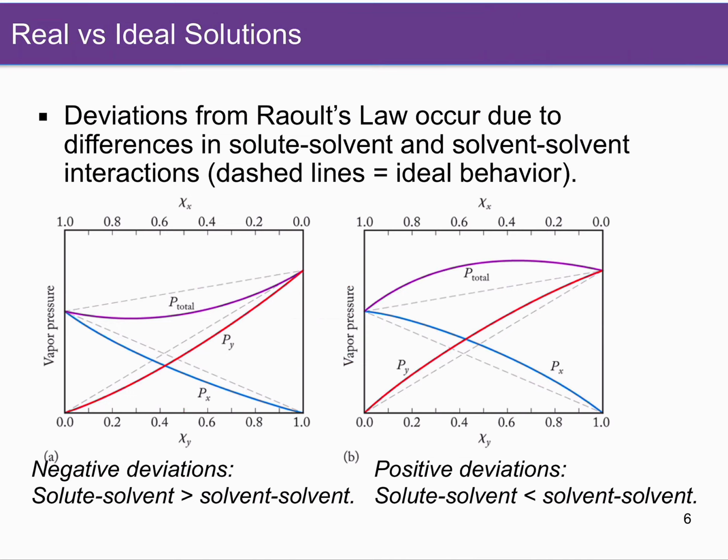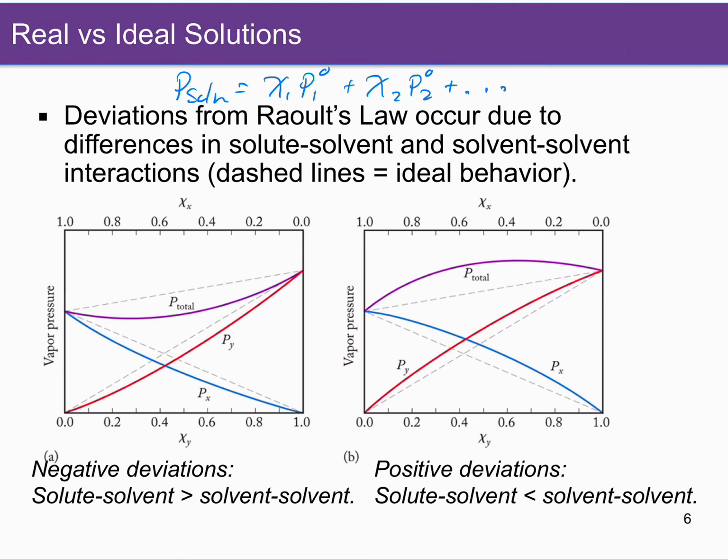So this slide shows what it would look like if you had a deviation from Raoult's law. Remember, Raoult's law is basically saying that the pressure of the solution is going to equal the mole fraction of component 1 times the pure vapor pressure of component 1, plus the mole fraction of component 2 times the vapor pressure of pure component 2, and so on and so forth.